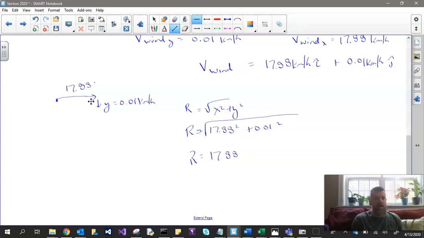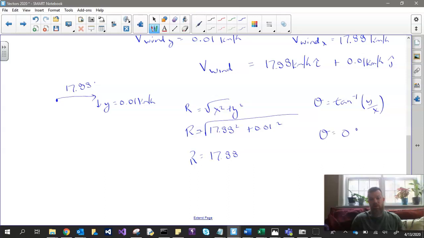And looking at that, since there's basically no y component, you would still do the angle as tan of theta is equal to y over x. But theta is essentially 0 degrees.